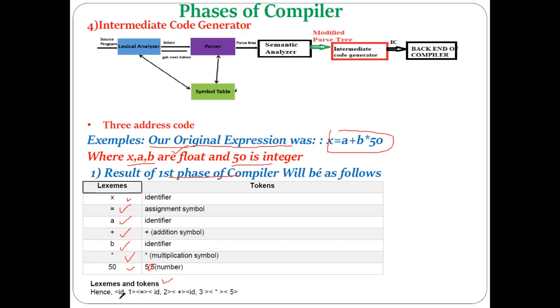For example, x is the first identifier, id comma 1, then the assignment symbol, then a is the second id, then the plus symbol, and then b is the third identifier, then star, and 50 as a number or integer. So this is the processing done by the lexical analyzer, and this output will be given to the next phase of the compiler, that is nothing but our syntax analyzer.